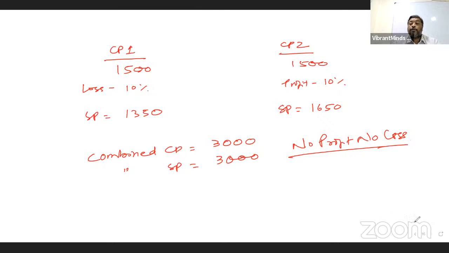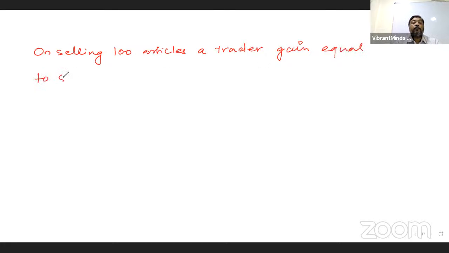Again, a very peculiar question. Let's go with it. It says, on selling 100 articles, a trader gains equal to selling price of 50 articles.